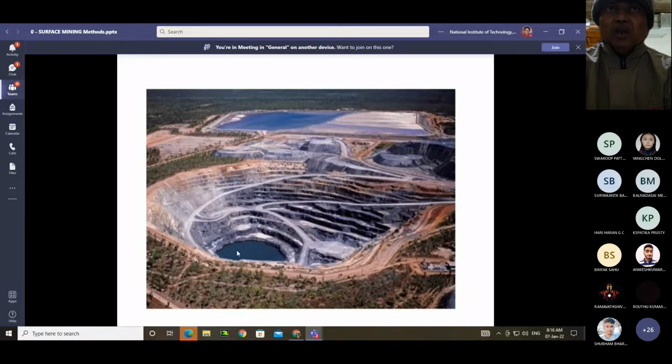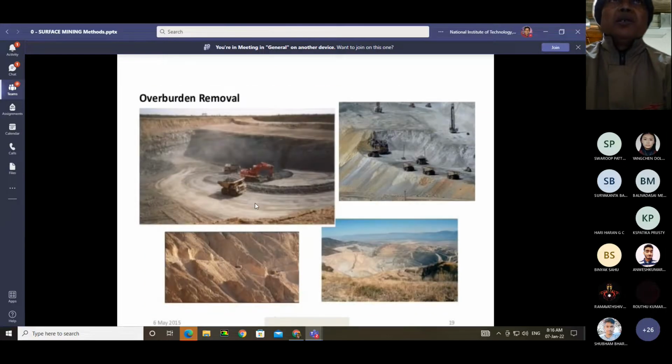And these are the haul roads through which the truck has to move and take the minerals from the bottom of the pit to the mineral beneficiation plant.